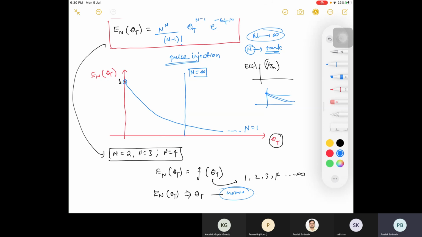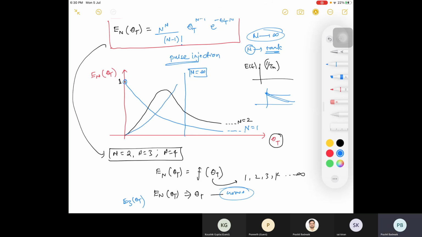So you will get different curves. For n equal to 1 we wrote, then n equal to infinity is also done. Now n equal to 2, you will get this kind of curve. Suppose you substitute n equal to 3, you will get E3 theta t, and that curve will be like this.